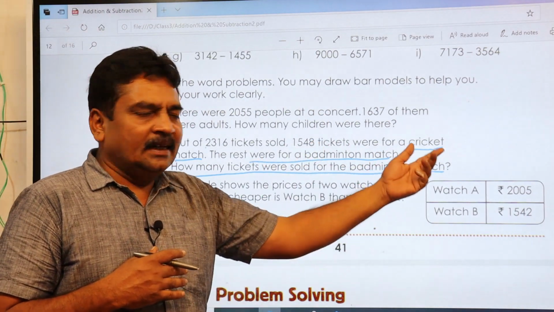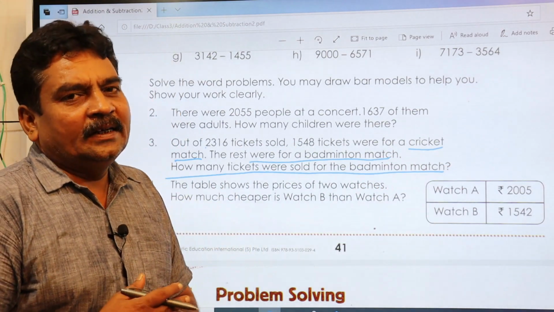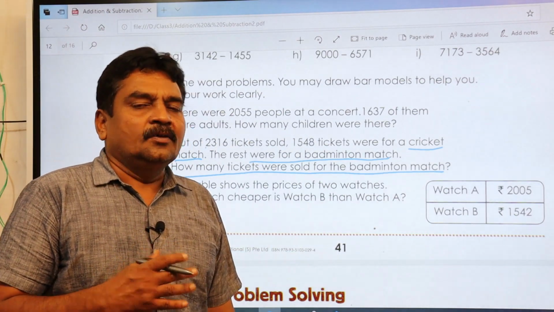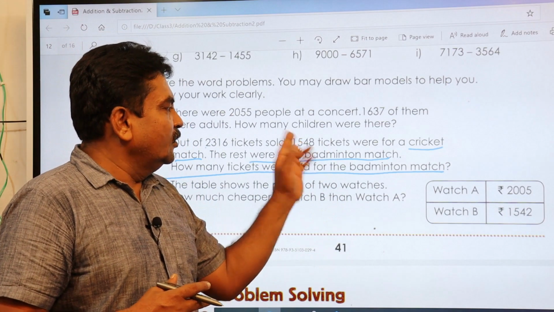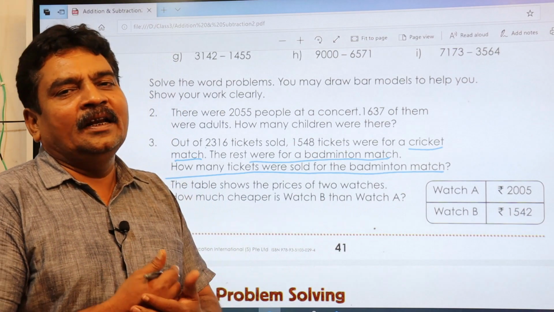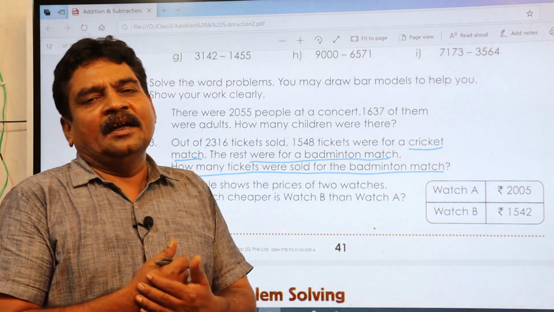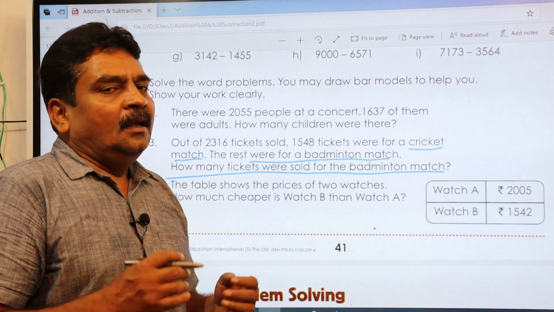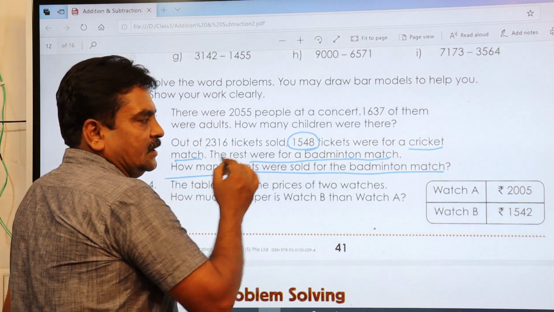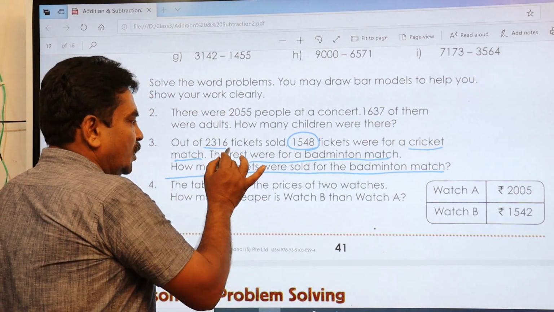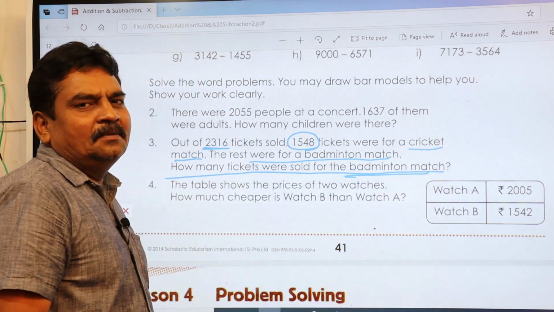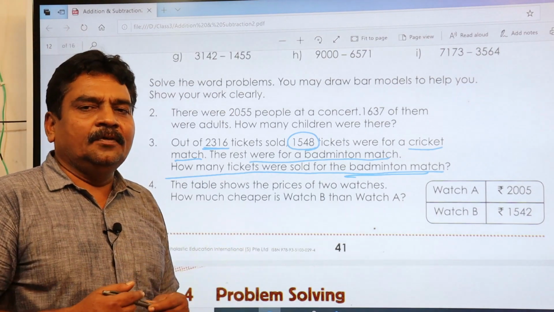How many tickets did he sell for the badminton match? That is a simple question. It means if you remove the cricket match tickets sold from the total, you will get the number of tickets sold for the badminton match. This is the understanding of your question.